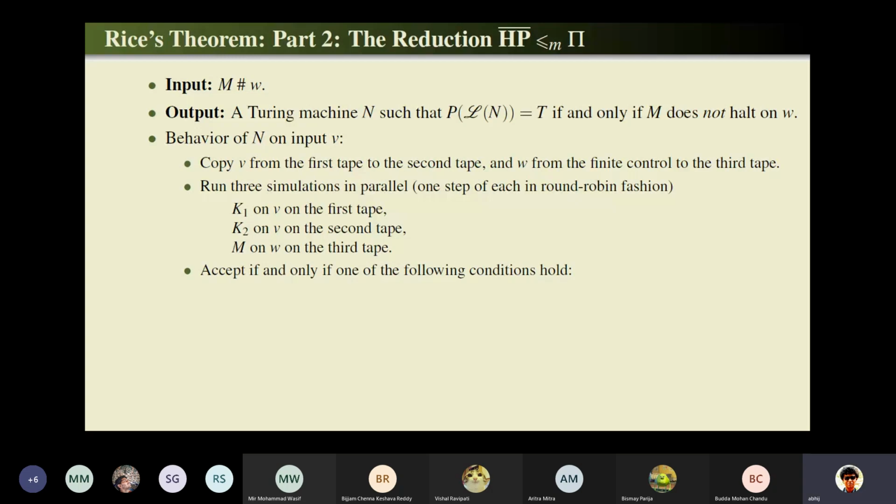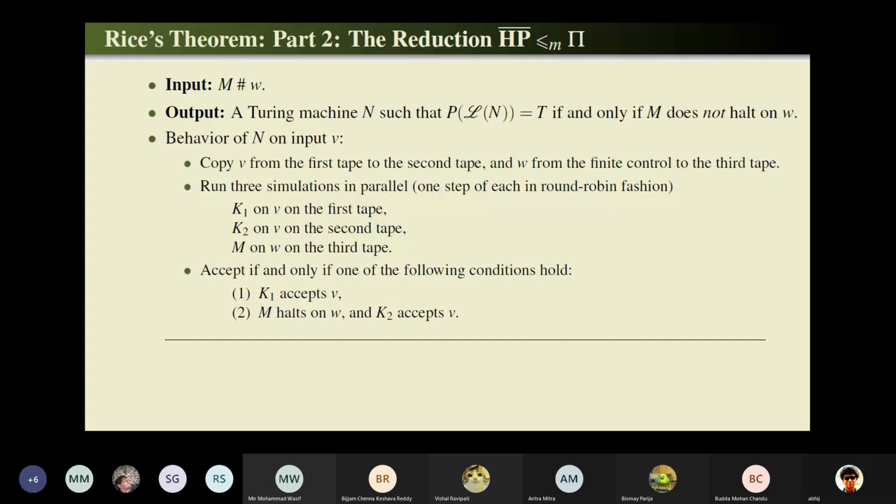Then accept if and only if one of the following 2 conditions holds. K1 accepts V, you immediately accept. Or M halts on W and K2 accepts V. This is the trickiest part of this reduction.